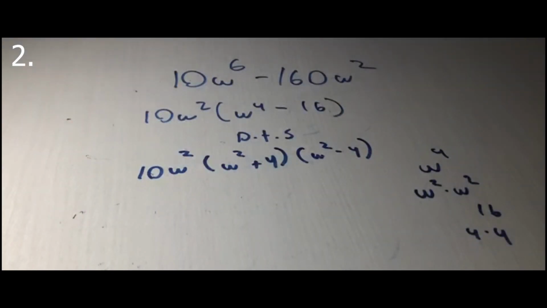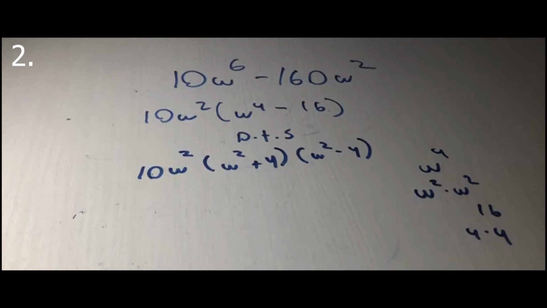What I mean by this is that two same numbers multiplied equal the number. So w squared is the same thing as w squared, and these two multiplied are w to the 4th. So that's a perfect square. And 16 is 4 times 4, which are the same number, so together they are 16. So it's another perfect square. This formula, the DTS, can only work if they are perfect squares.